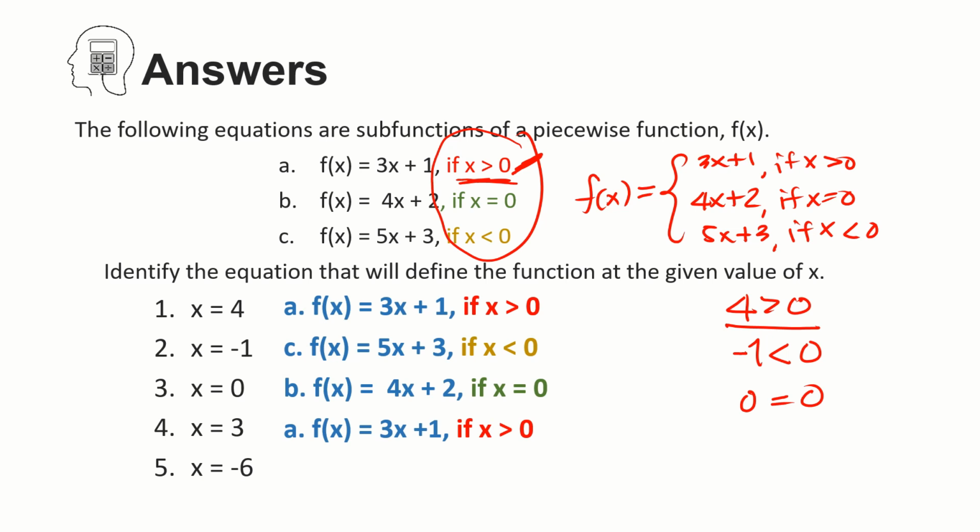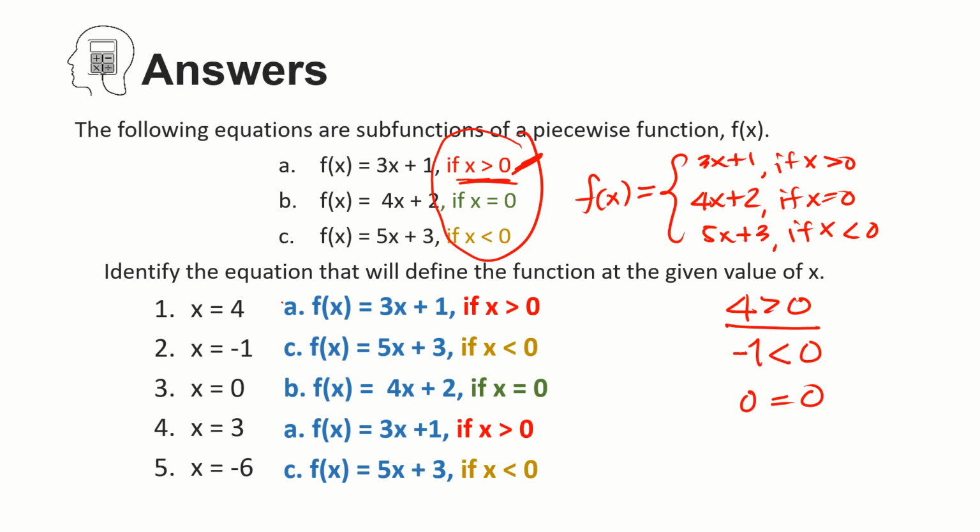So thus, we use subfunction number 1 to define our function f. And then for the last item, our x is equal to negative 6. So therefore, we use subfunction number 3, wherein our f of x is equal to 5x plus 3.